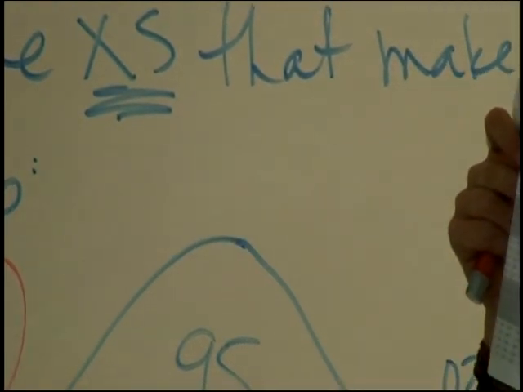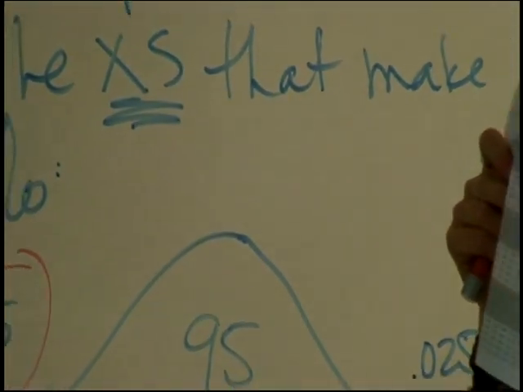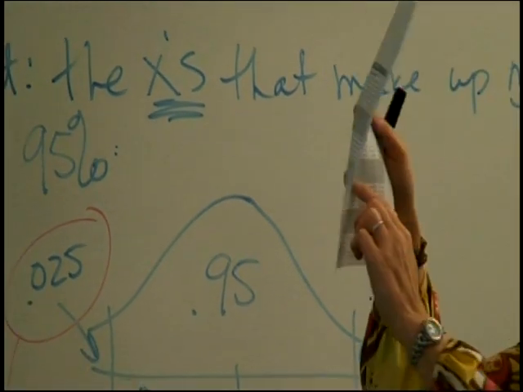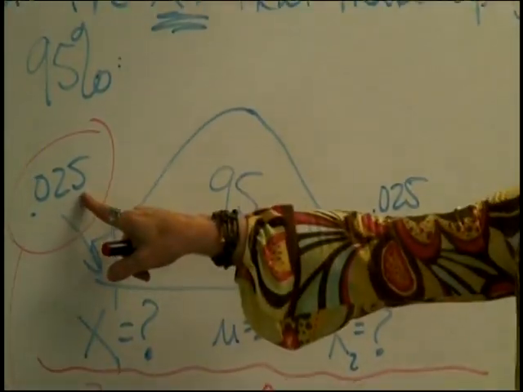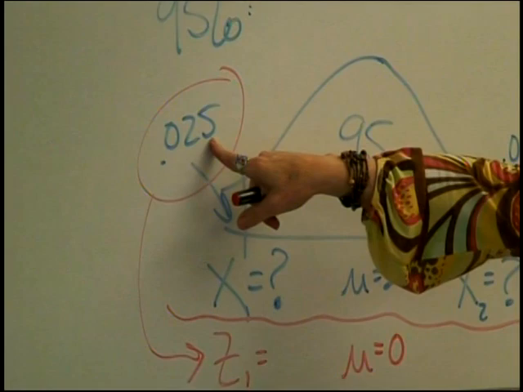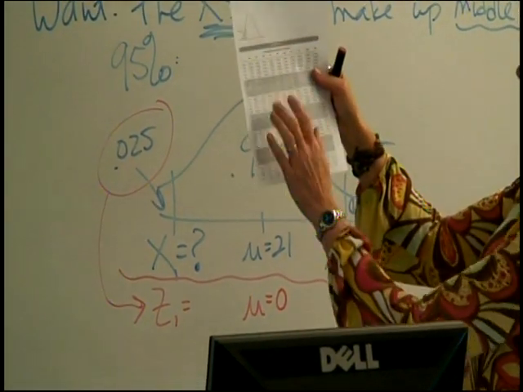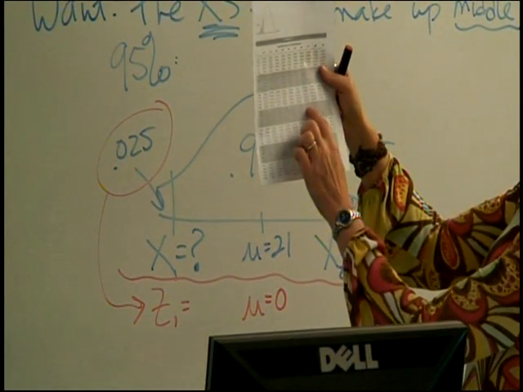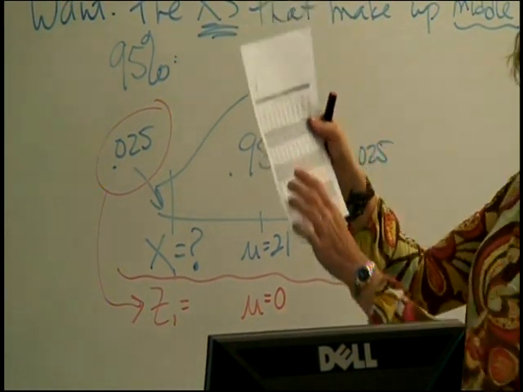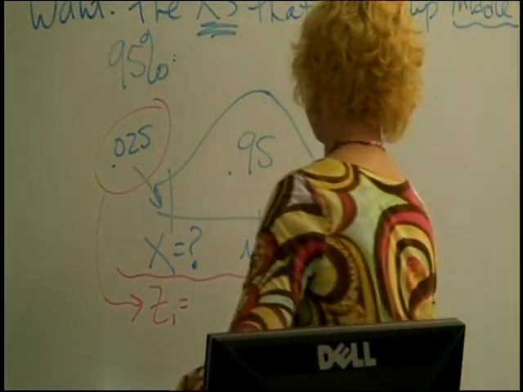Let me know if you're having issues. Okay, because remember that you're looking up an area, not a z-score. You're going backward to find the z, so you're looking in here for the 0.025. Negative 1.96.